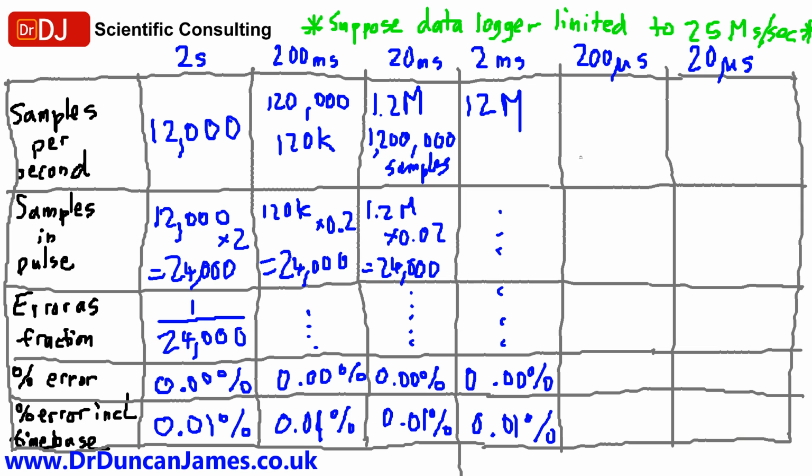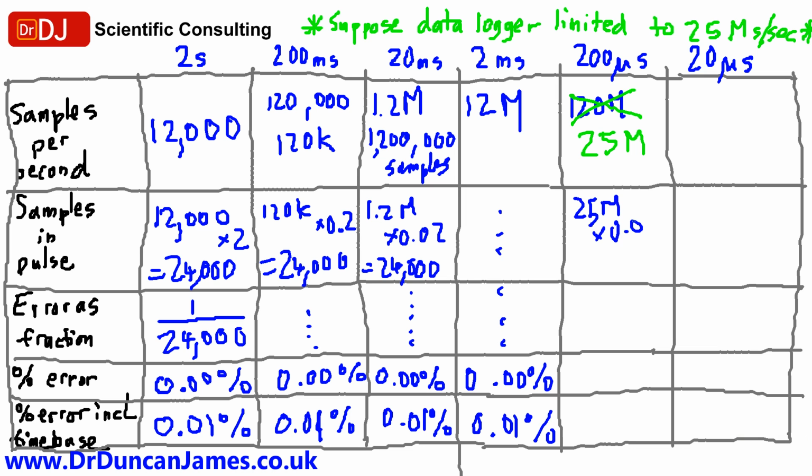Right, I am going to do this one, be careful, because something really interesting happens. Oh, we need 120 million samples per second. But wait a sec, we can't do that because we're trying to make this a real life example. What if we're limited to 25 million samples per second? So we've been forced to use a lower value. What impact does this have? So then that's 25 million samples.